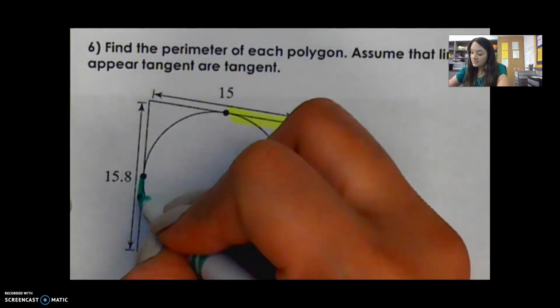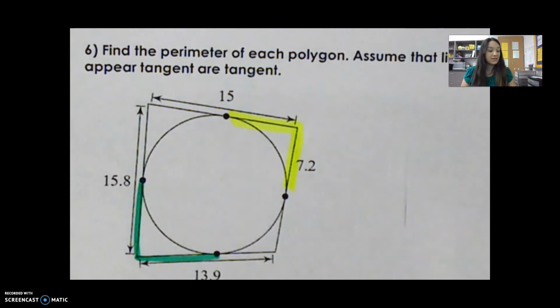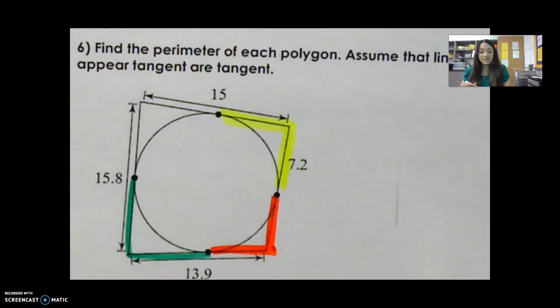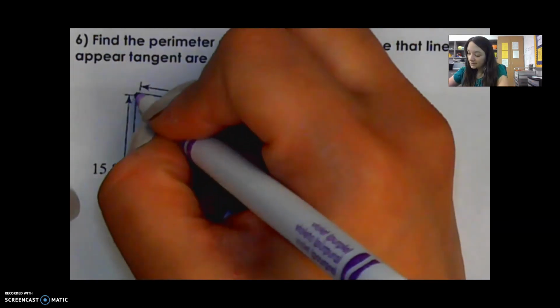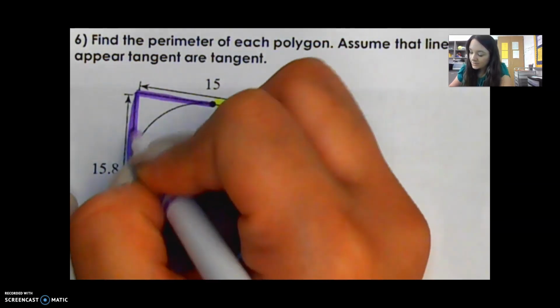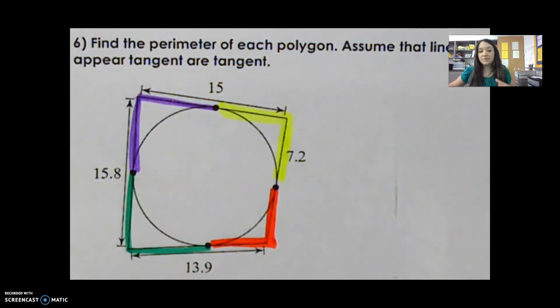I know that these two share the same endpoint, so I'm going to color those green. They are congruent to each other. These two are congruent to each other because they share the same endpoint. And these two share the same endpoint, so they are congruent to each other. Only problem is I'm missing a bunch of pieces.